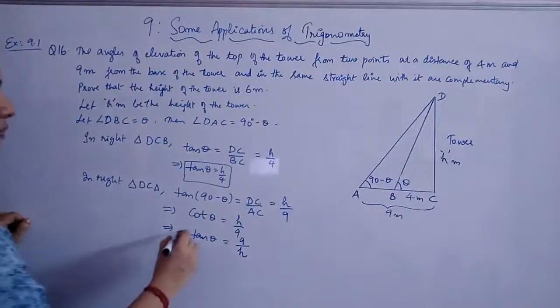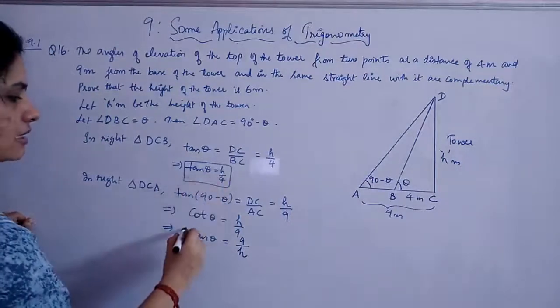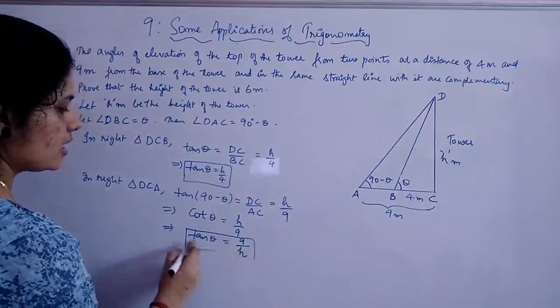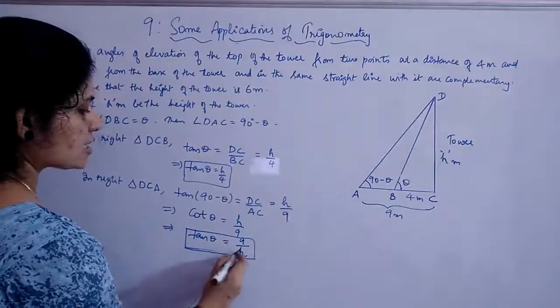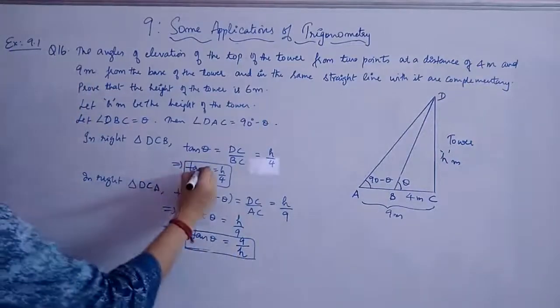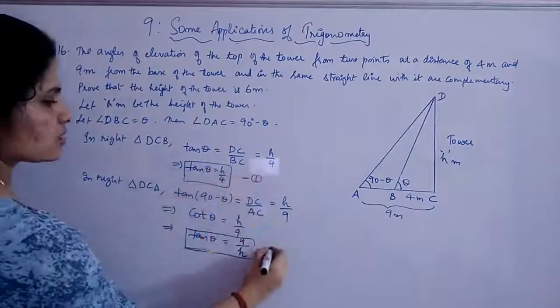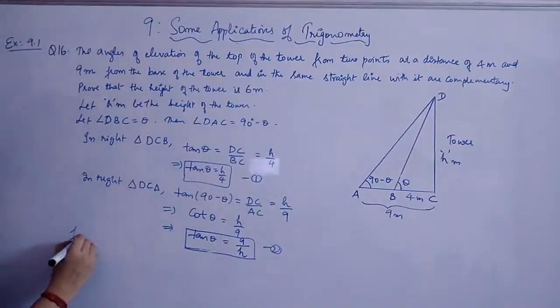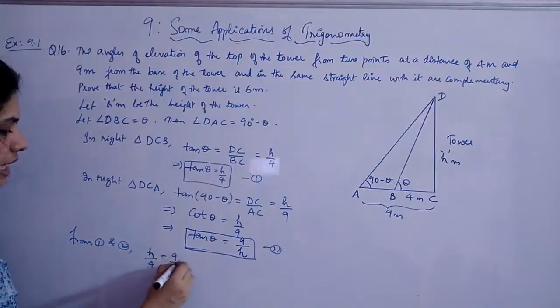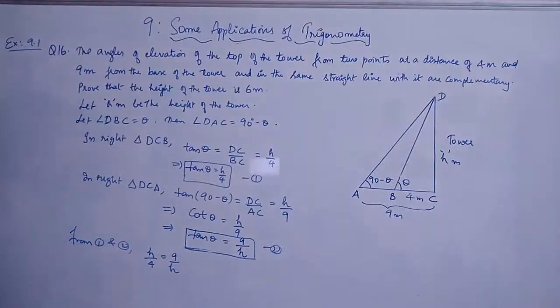Now why we have done? Because there we have got tan theta is equal to, here also we are making it as tan theta, so that we can equate both of them. Since the LHS of both are equal, the RHS will also be equal. Okay, so this is 1, this is 2, and from 1 and 2, what we will get? h by 4 is equal to 9 by h, right?